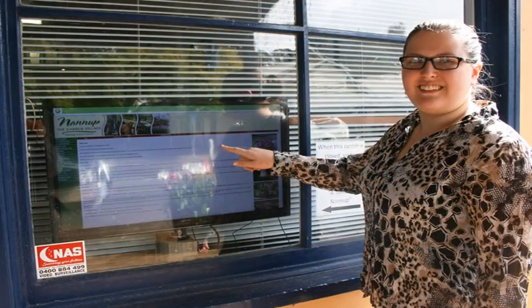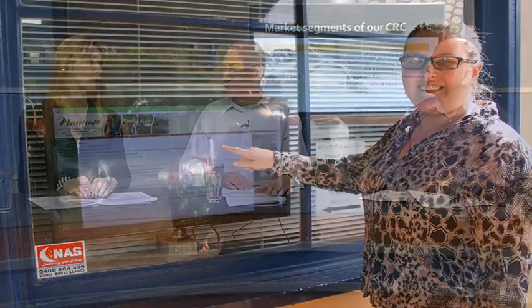I know some of the CRCs that I dealt with are using that very well to give the community feedback on what's happening. And I know Nannup, they have a touch screen computer with their CRC, so out of hours that still provides a service for anybody, tourists or local residents as well. So it's a wonderful tool for, I guess, 24-hour service.